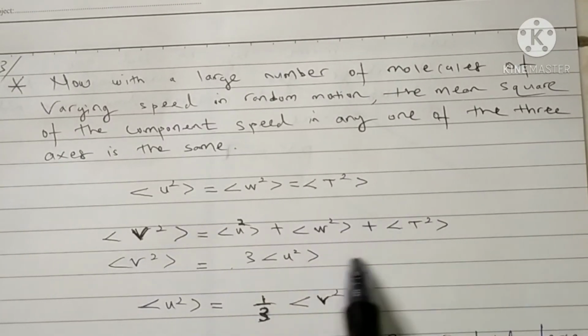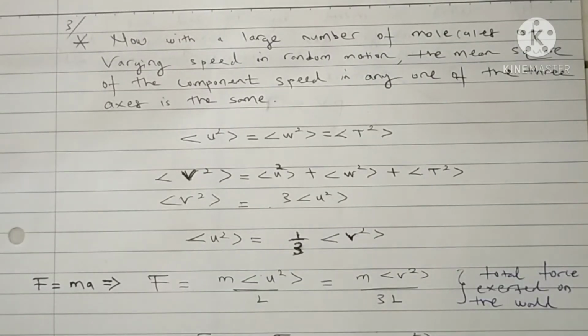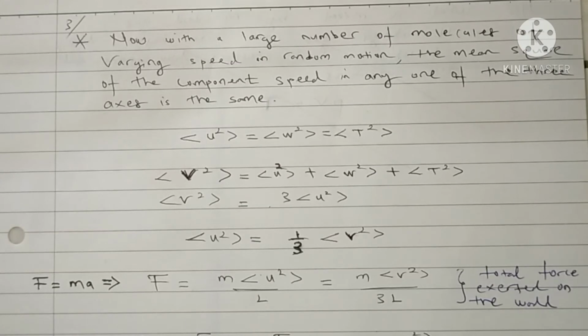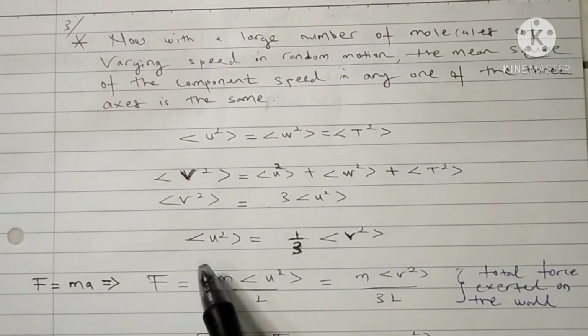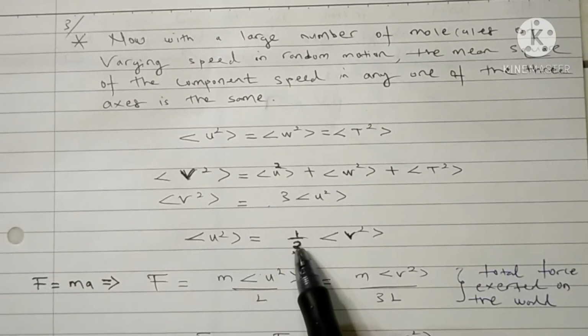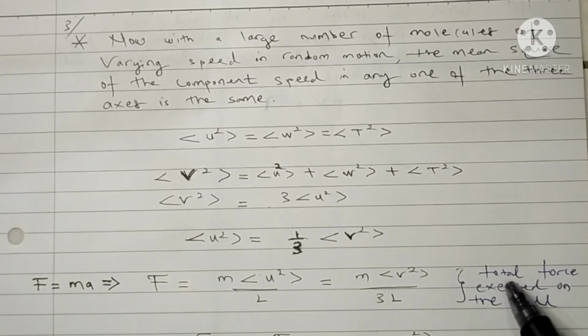By adding all together, the mean square speed of u equals 1 over 3 of the mean square speed of v. By using Newton's law, F equals ma, where F equals m times the mean square speed of u divided by L. By substituting the mean square speed of u equals 1 over 3 of the mean square speed of v, you get the total force exerted on the wall.